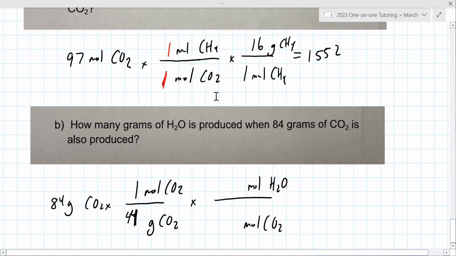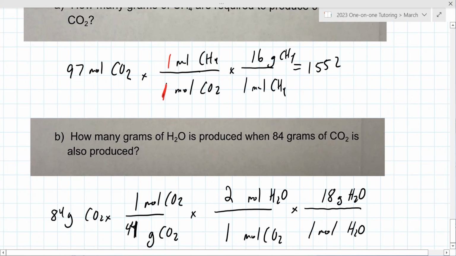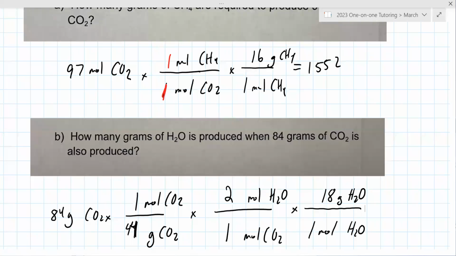And then you need times 1 mole of CO2 under 2 moles of H2O. Good. Times 1 mole of H2O under grams of H2O. Good. 18 grams of H2O.